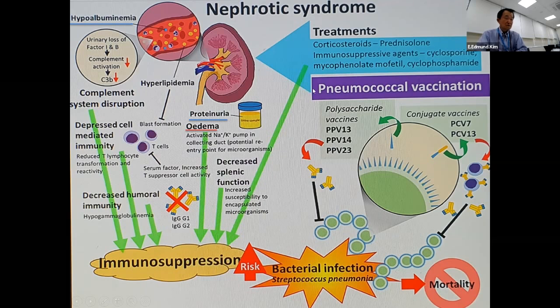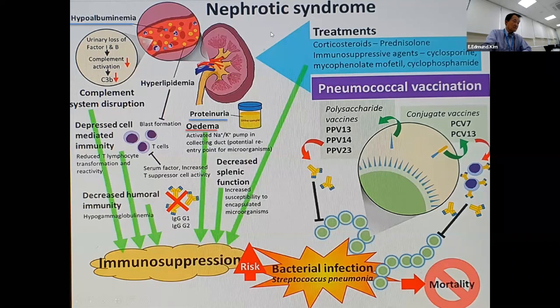When you have a cancer patient or a transplant patient, we use a lot of immunosuppressive agents. That makes this kind of nephrotic syndrome, and then creates infection and death. Some kind of vaccination has been tried, but this is still a problem.